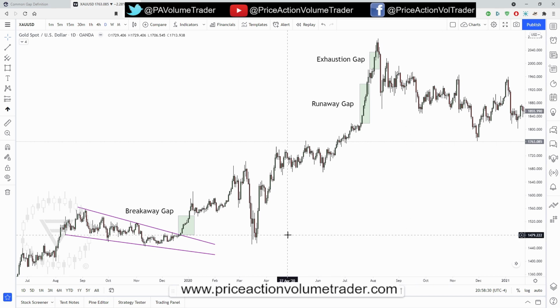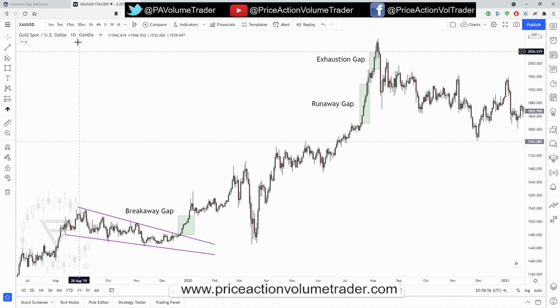This market is open 5 days a week, 24 hours a day, just like Forex, so we don't actually get empty gaps in price. What we do get is impulsive moves where we see very large candles up or down with no action in the opposite direction.